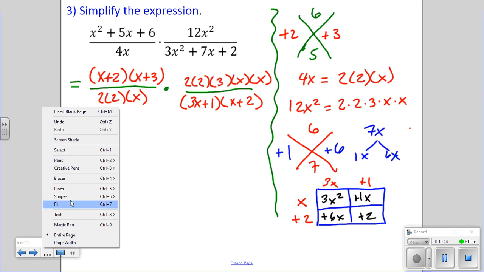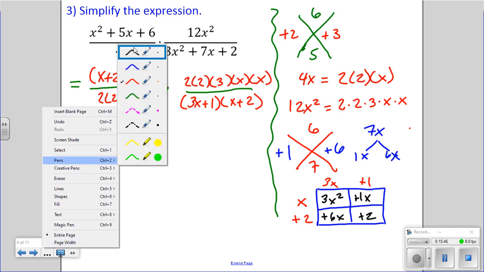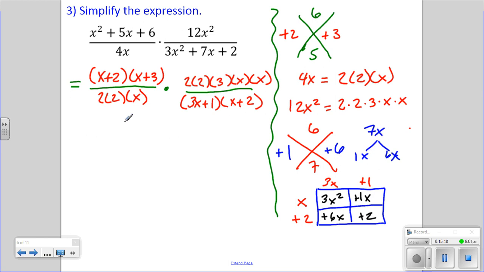And now we cancel out our common factors. So I see 2 times 2 at the bottom left and the top right. I see x at the bottom left and at the top right. And then I see x plus 2 at the top left and at the bottom right.